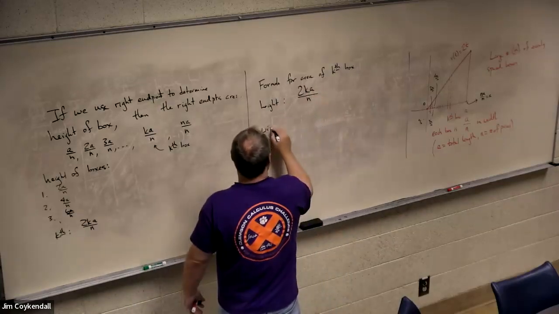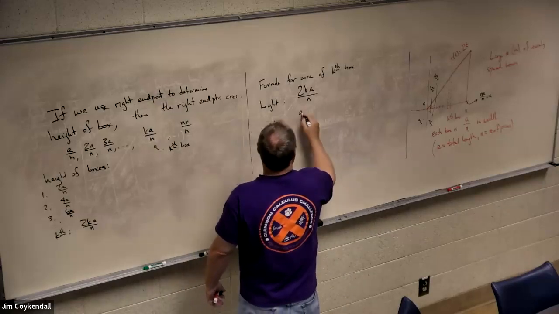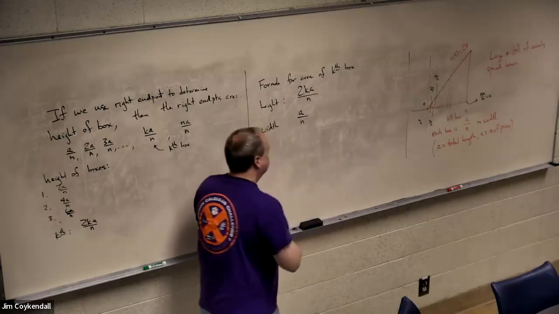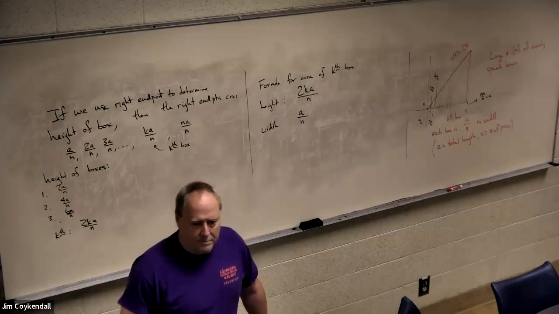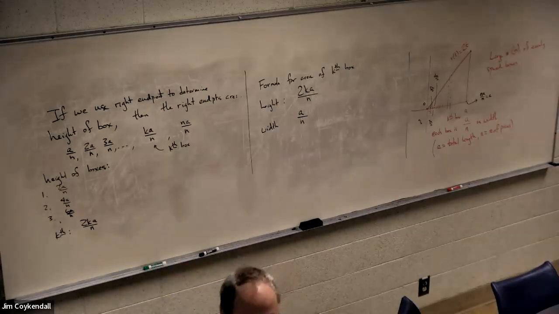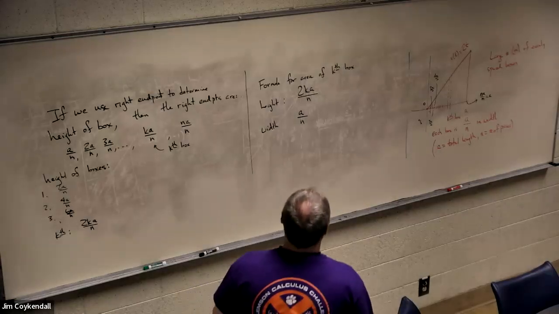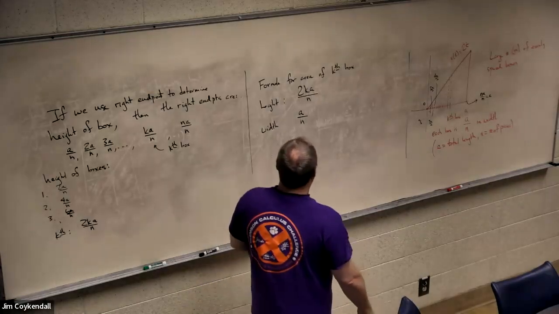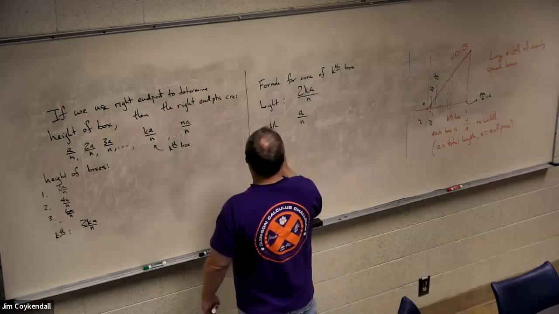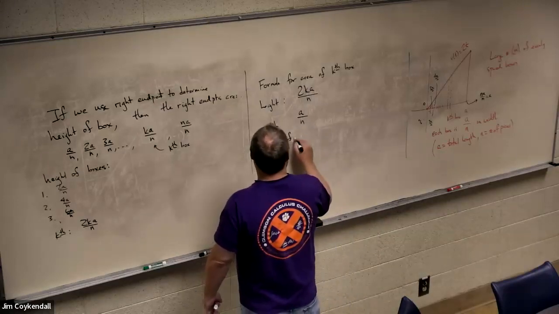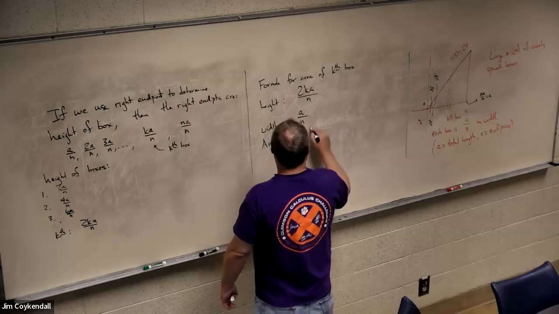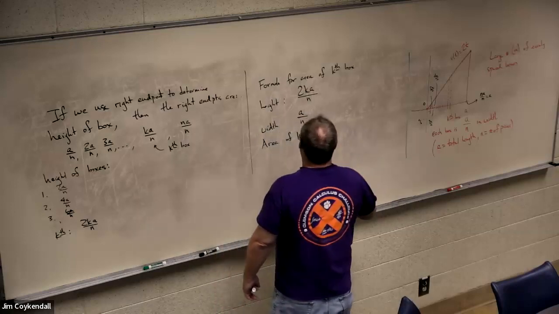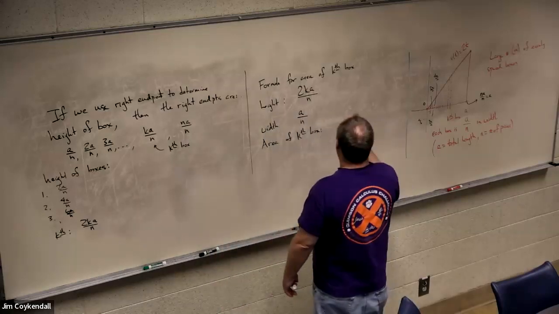And the width is a over n. So the area of the kth box is 2k a squared over n squared.